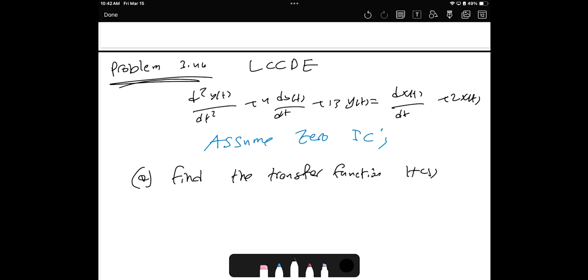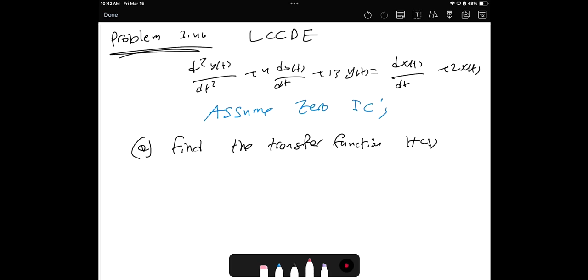How to find it? Convert this to Laplace domain, and since there's zero initial condition, you don't need to worry about s X of s minus x of 0, or s squared X of s minus s x of 0 minus x dot of 0. So you don't need to worry about it. Just for any derivative, second order make s squared, first order make s. So it will be s squared y of s plus 4s y of s plus 13 y of s equals s x of s plus 2x of s.